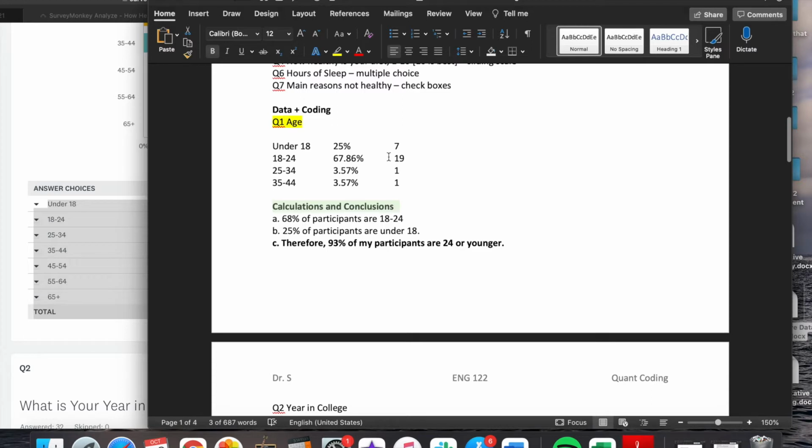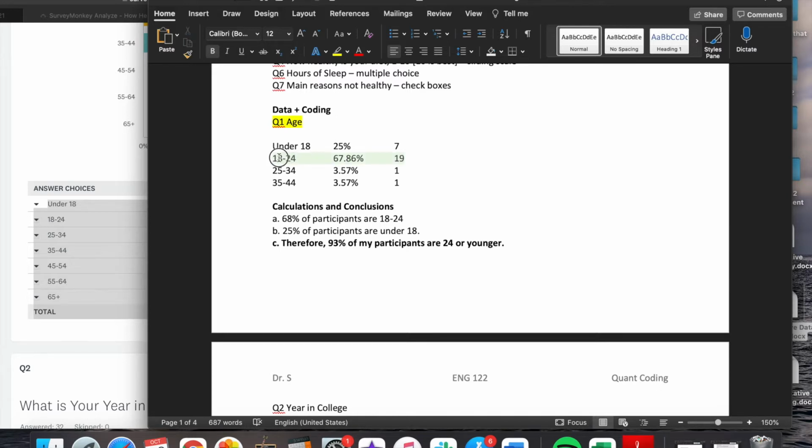So you have the information from SurveyMonkey, and then you have to do something. You have to make some meaning out of this, because when you're explaining your data to someone, you are going to go through these exact percentages in your methods section specifically. But if you were having a conversation and putting it in a story, you want to point out some things. So here's what I notice.